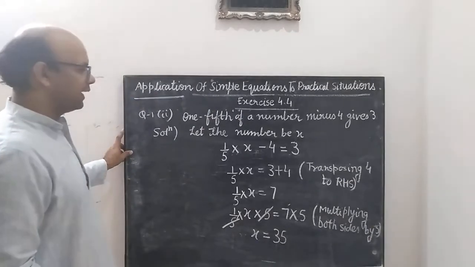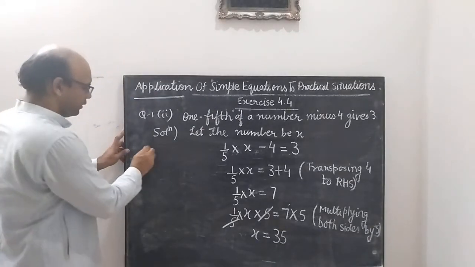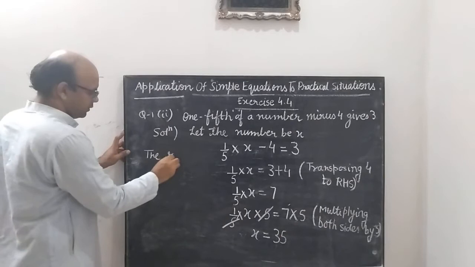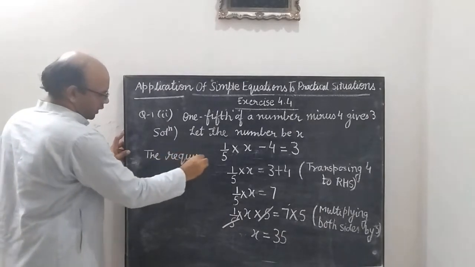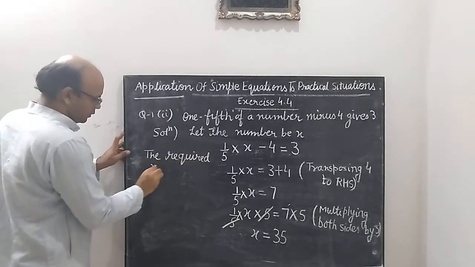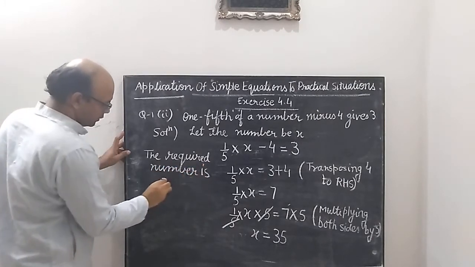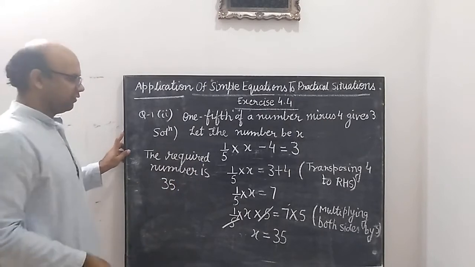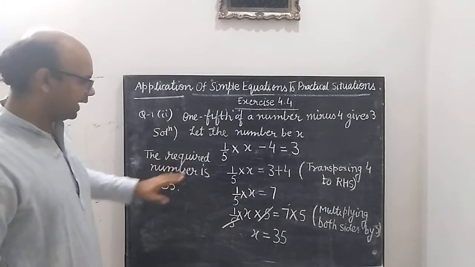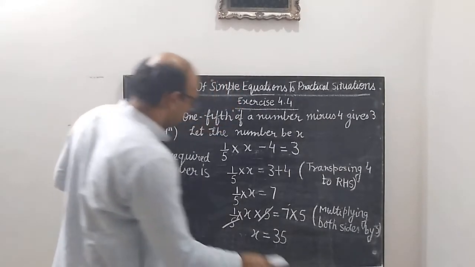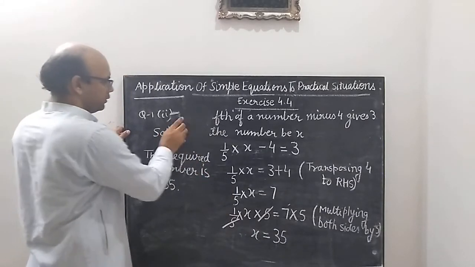And what we write in the end? This statement has to be written: the required number is 35. So this has to be written in the end. Okay. Now we just move on to the next part.